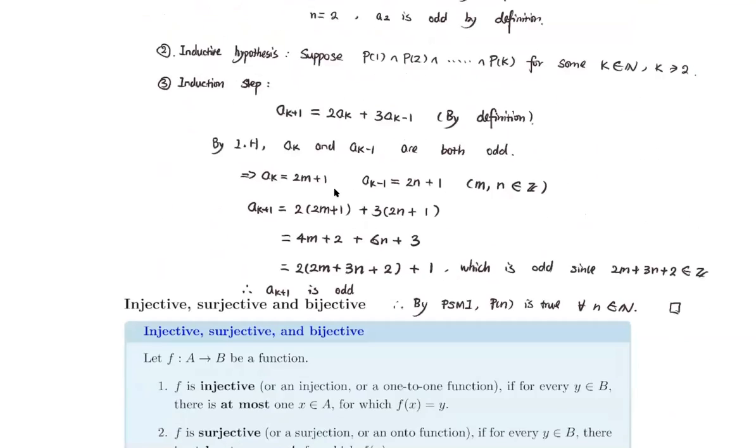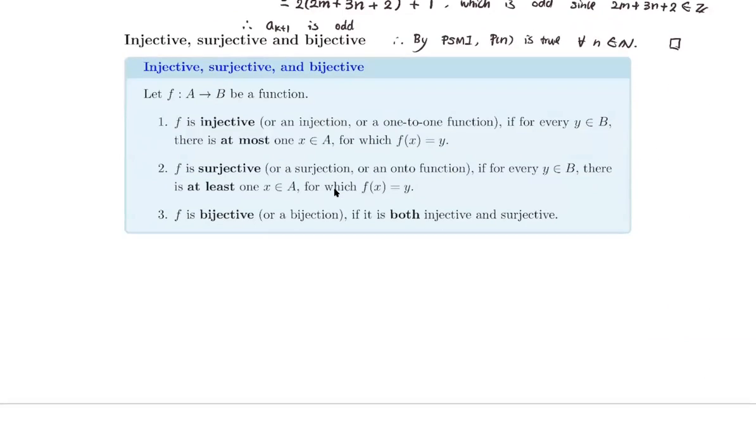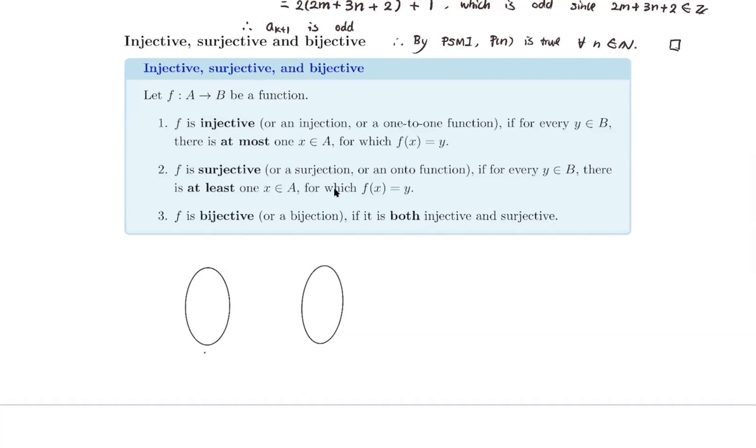Anyway, let's move on to injective, surjective, and bijective. So if we have a function that maps from A to B, let's draw this diagram that I've used so many times. So this is your A, this is your B, and we put some elements in there.